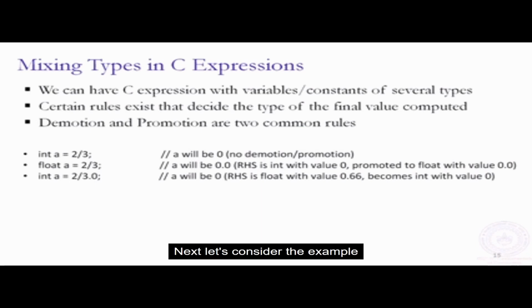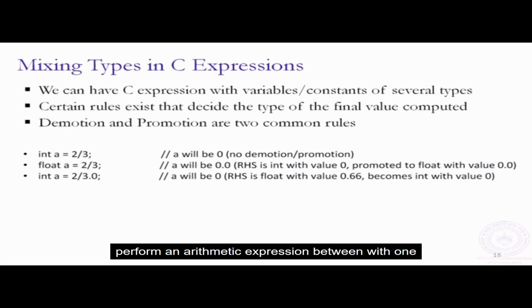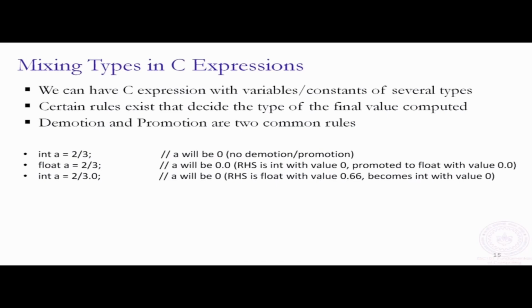Next, let's consider the example where we divide an integer by a float. The basic rule is that when you perform an arithmetic expression with one operand that's an int and one that's a float, the result ends up being treated as a float. It is promoted.